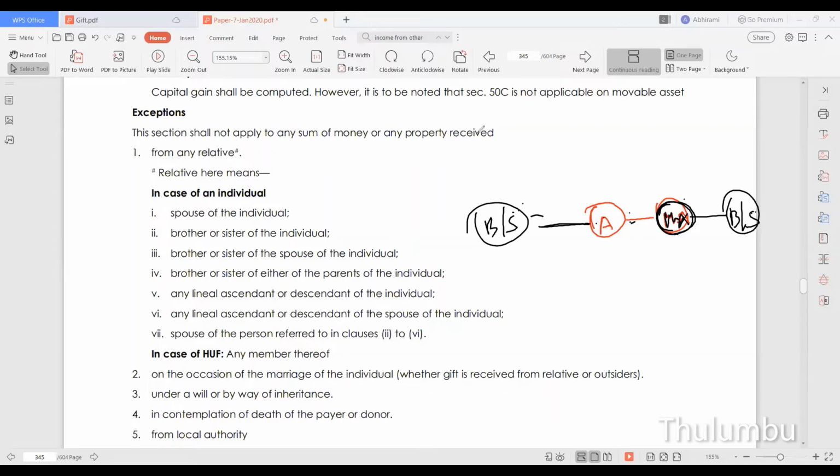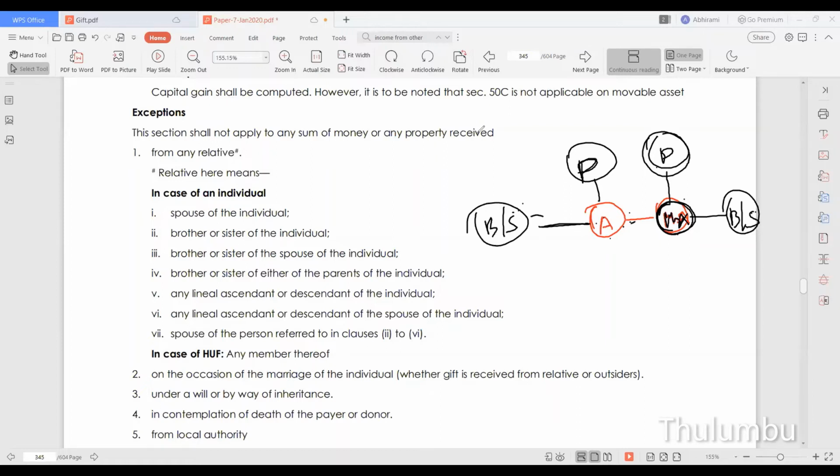Brother or sister of either of the parents of the individual, and any linear ascendant or descendant. So their parents are relatives. Even the spouse's parents, that is, A's father or mother, they are also relatives.